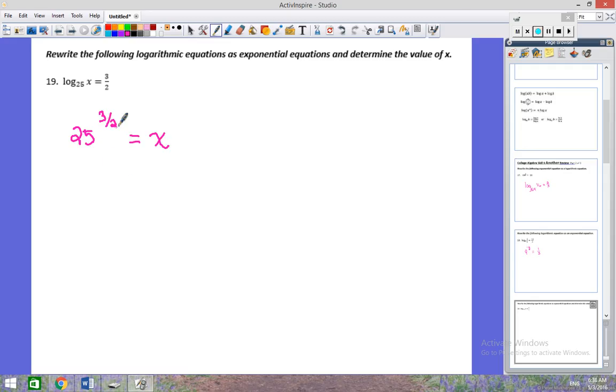With the 3/2 power, the denominator is the index, so this is the same as saying to take the square root of 25, and then I have the option of cubing it, or taking the square root of 25 and then cubing it. It'll be easier for me to do that arithmetic if I take the square root first. The square root of 25 is 5, and 5 to the 3rd power is 125.